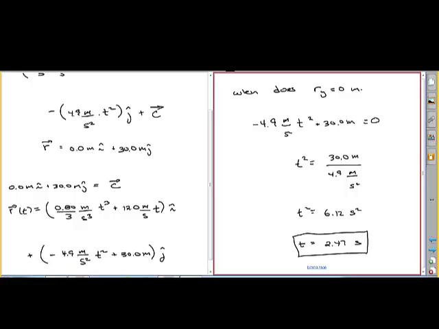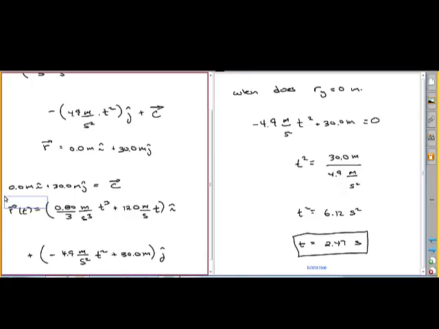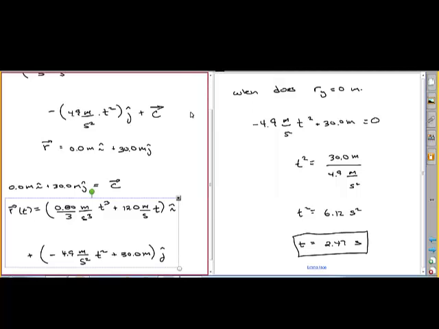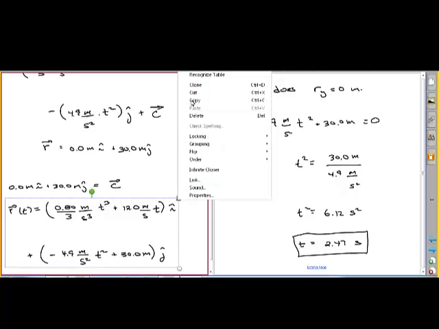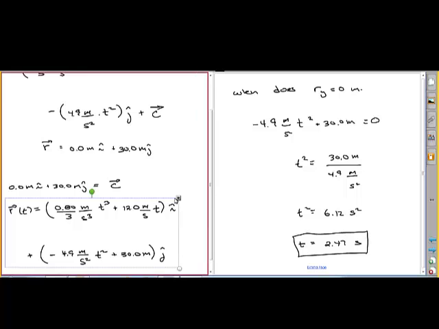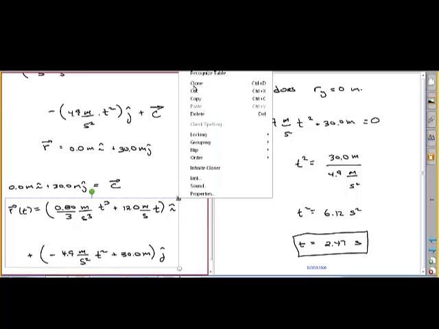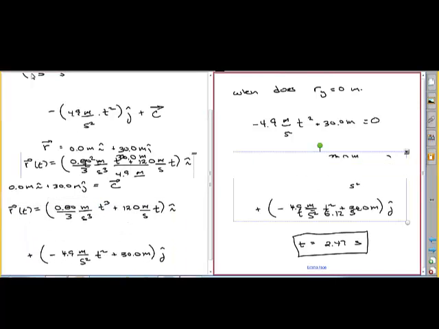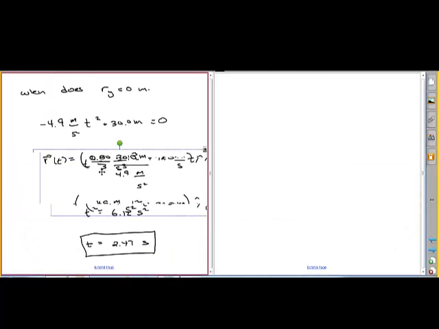Then you plug that into this expression to find the x component. So I need to take this whole thing here, and I don't know why that does that. Okay, let's just clone it. I'll drag it over here.